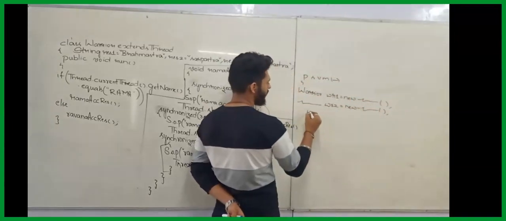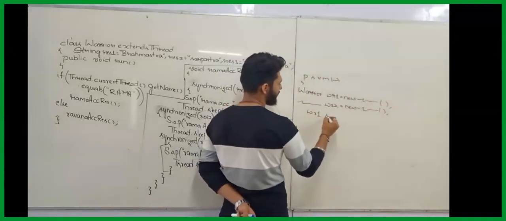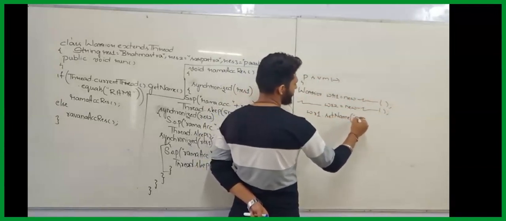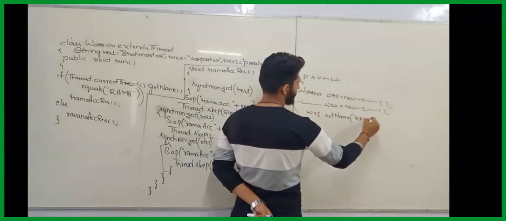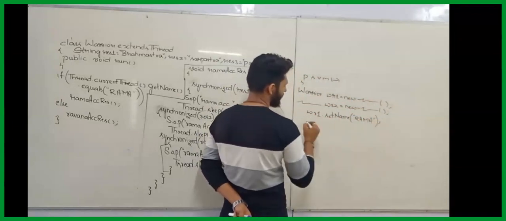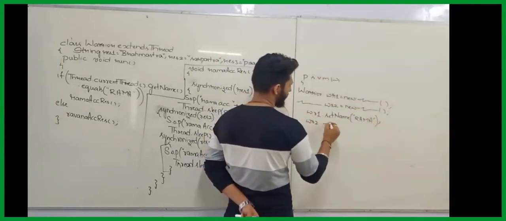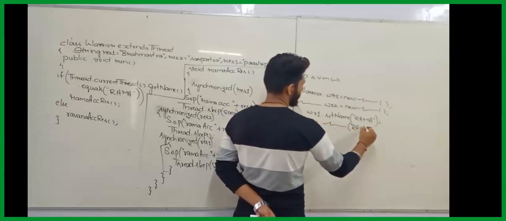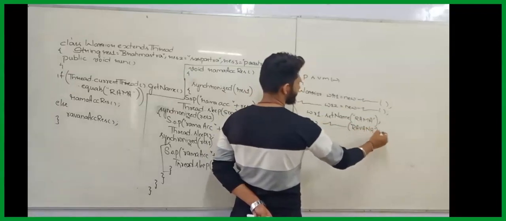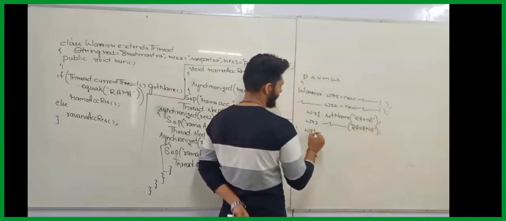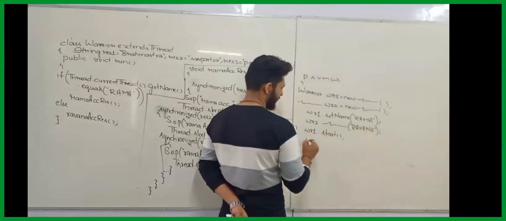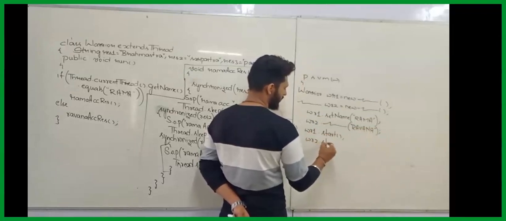Next, for WR1, I will set the name as Rama. And then WR2 dot set the name as Ravana. And then what should I do? WR1 dot start and WR2 dot start.